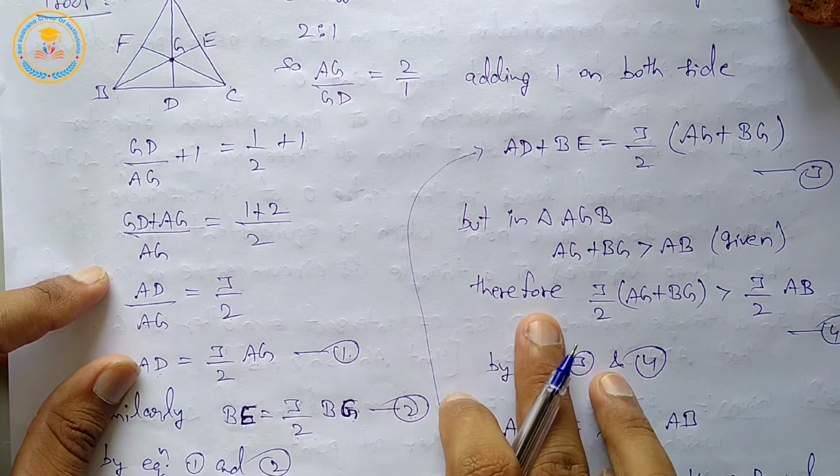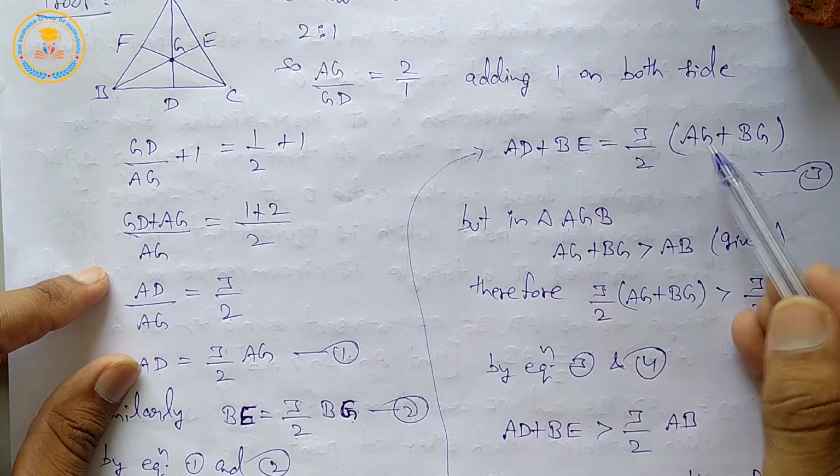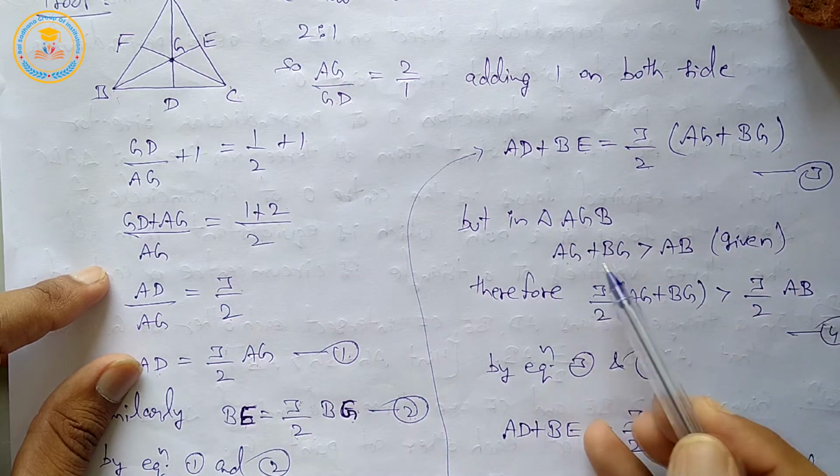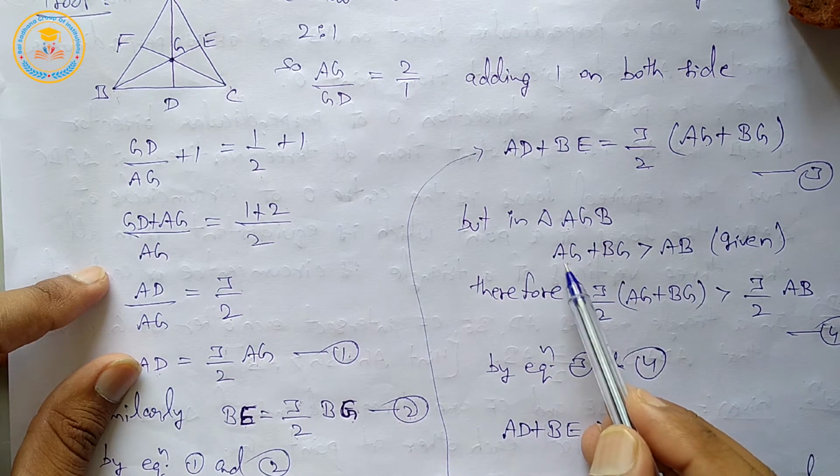Therefore, by equation third and fourth, the left hand side AD plus BE stays as it is.